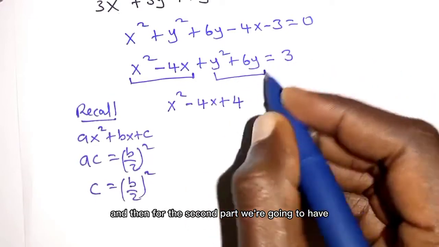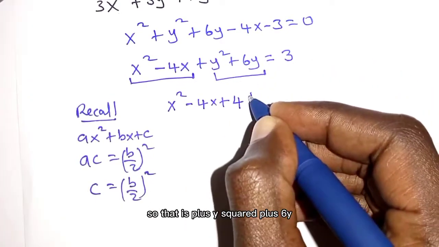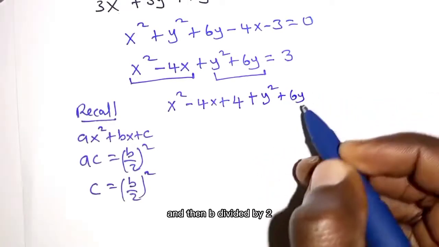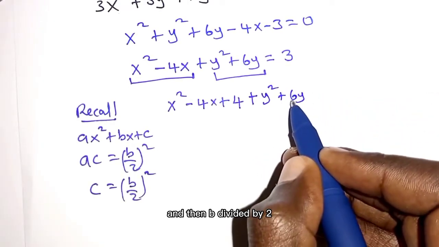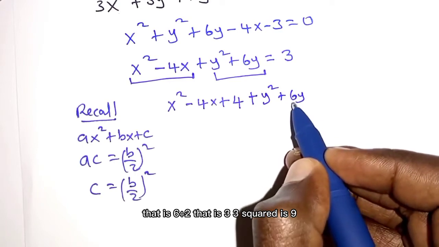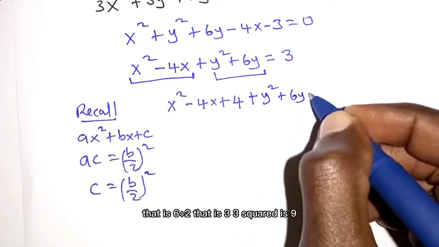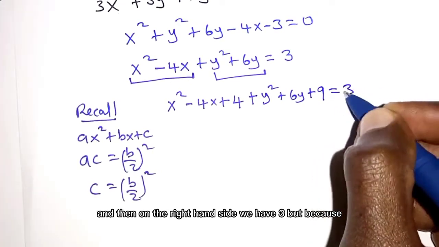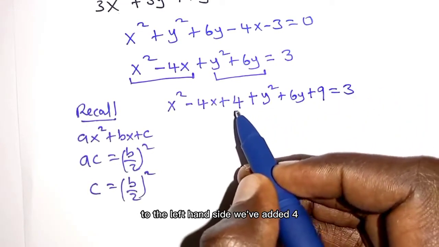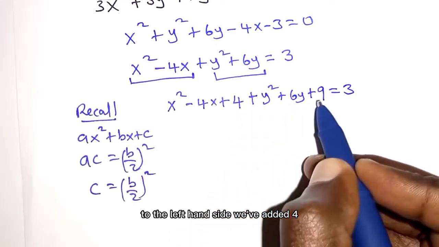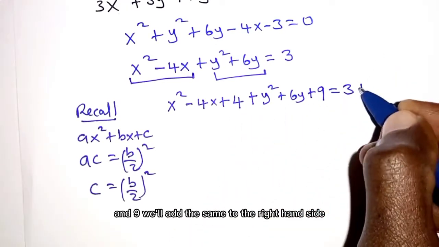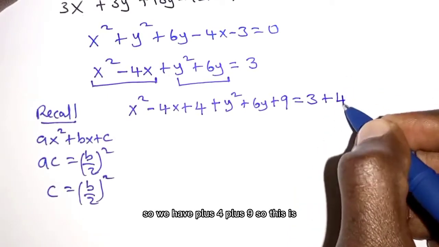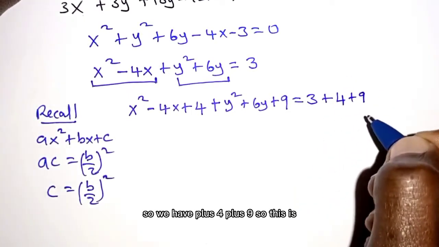And then for the second part, we have plus y squared plus 6y, and then b divided by 2, that is 6 divided by 2, that is 3, 3 squared is 9. And then on the right hand side we have 3, but because to the left hand side we've added 4 and 9, we'll add the same to the right hand side. So we have plus 4 plus 9.